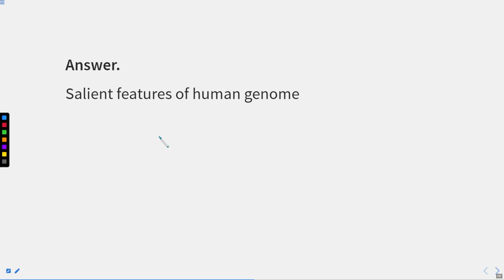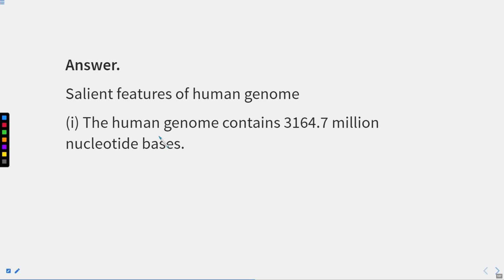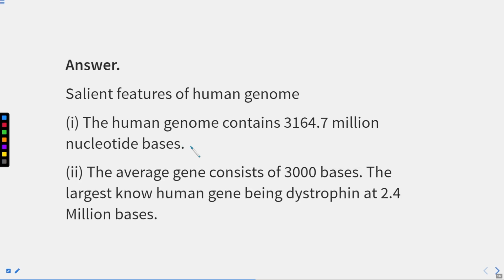Now, what are the salient features of the human genome? First one, the human genome contains 3,164 million nucleotide bases. So it is very large. Then the average gene consists of around 3,000 bases.